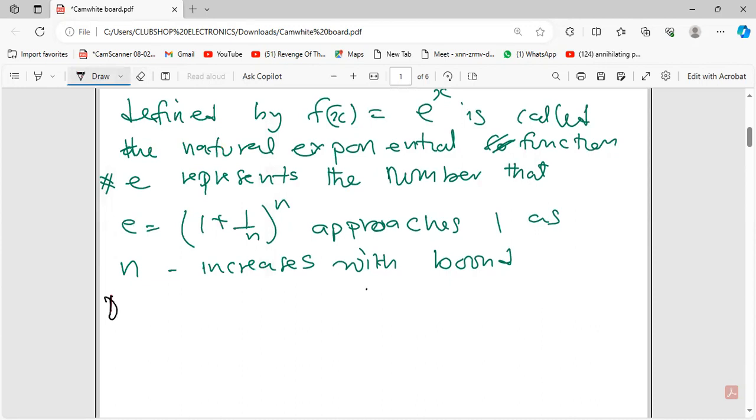Then we look at another definition of logarithmic function.